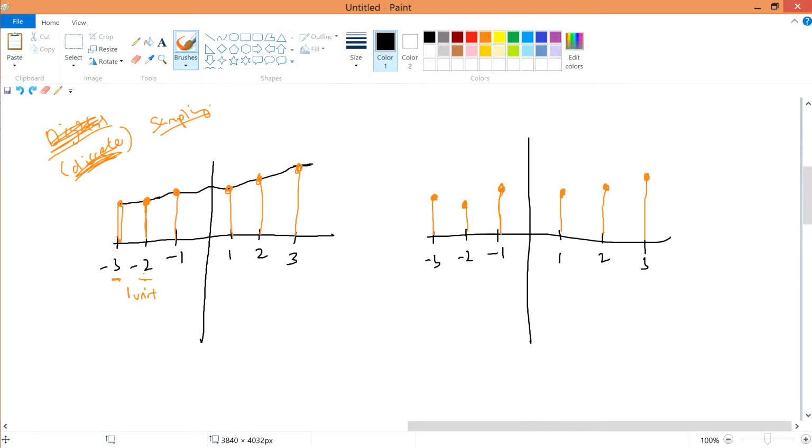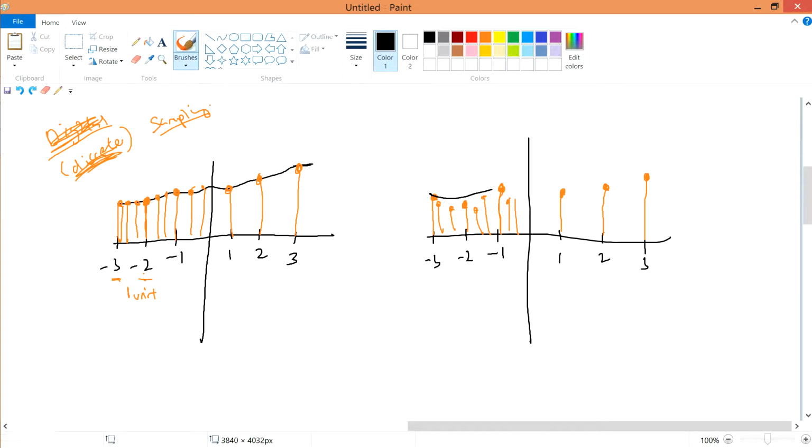If I take more samples, instead of just minus 2, minus 1, I'll take more discrete samples. If I increase the number of sampling data, then I can better represent my actual signal. So this signal over here will be better represented in some sense.